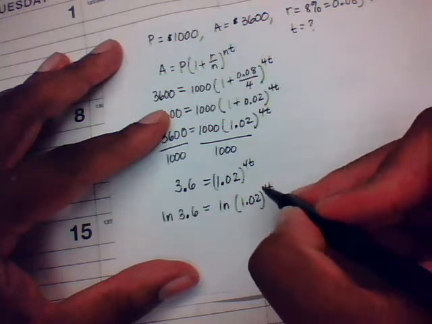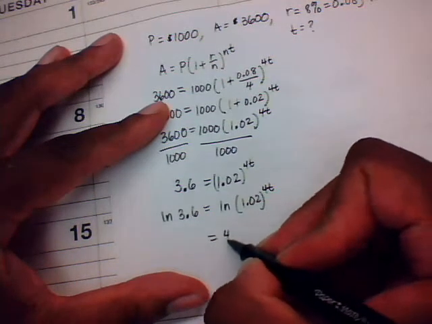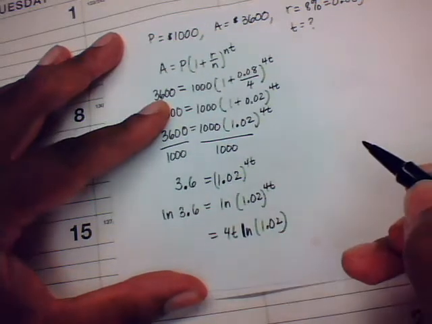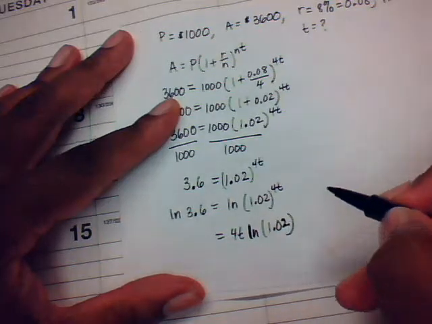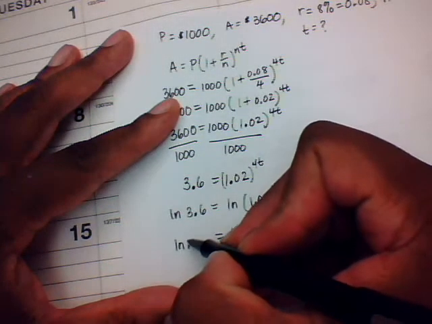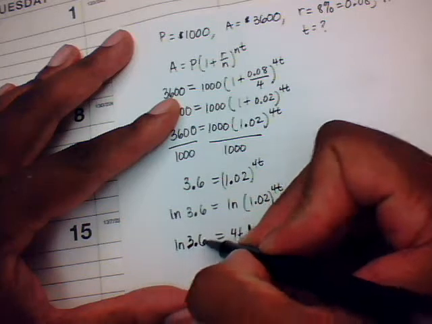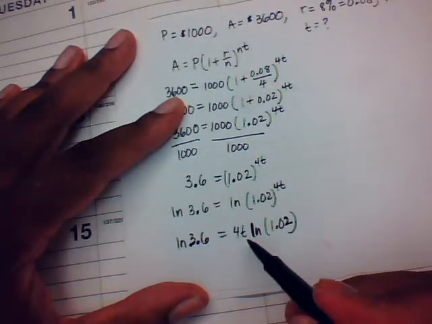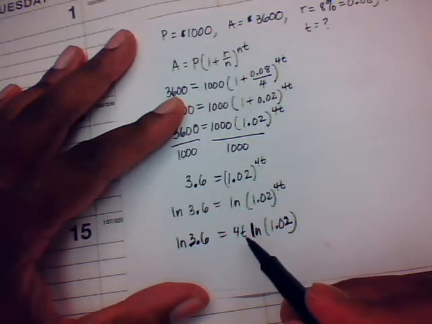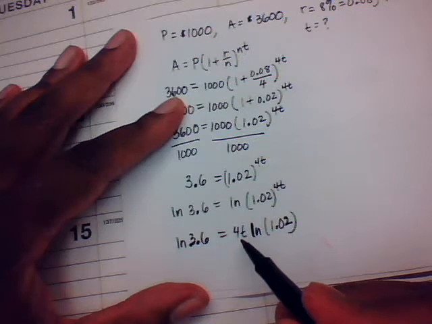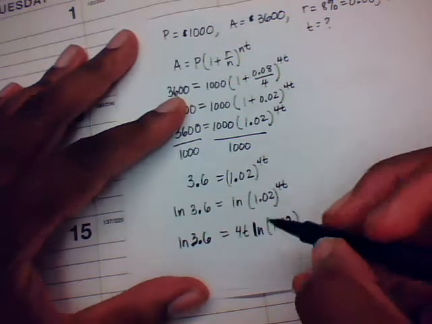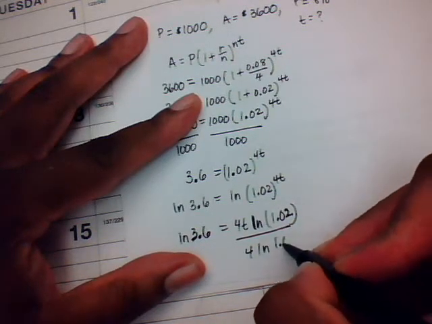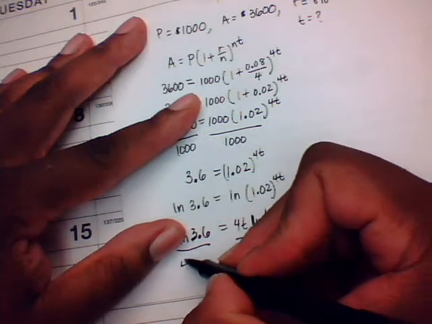So in this case here, that 4t goes in front of ln of 1.02, and that's equal to ln of 3.6. To get t by itself, we want to solve for t. t is being multiplied by 4, and it's also being multiplied by ln of 1.02. So you want to divide both sides by ln of 1.02.